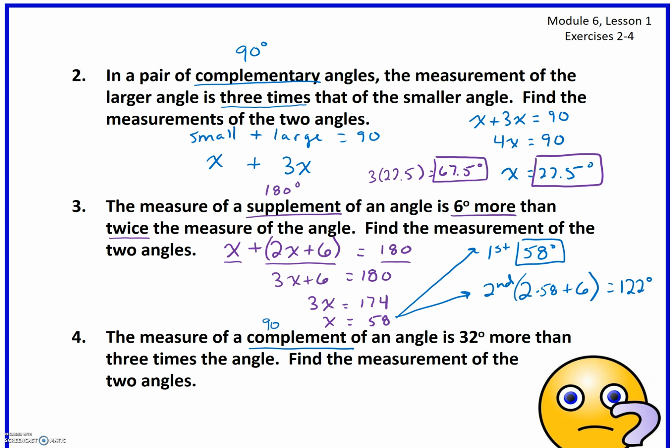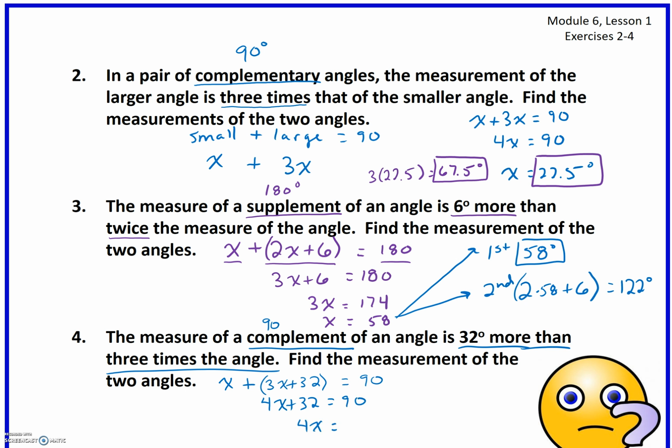Complementary adds up to 90. Same idea here. We've got one that's 32 degrees more than 3 times the angle. So if the first angle is x, the second angle has to be 3 times x plus the 32 more, equals 90 degrees. Combine like terms, 4x plus 32 equals 90. Subtract 32 from both sides.